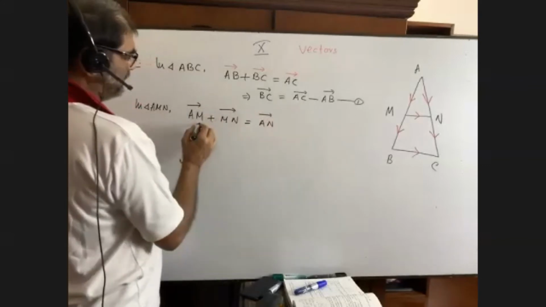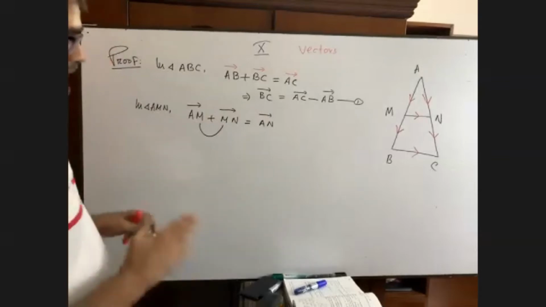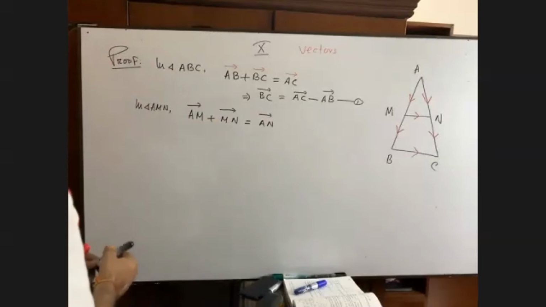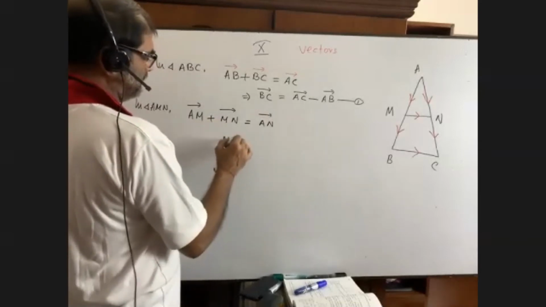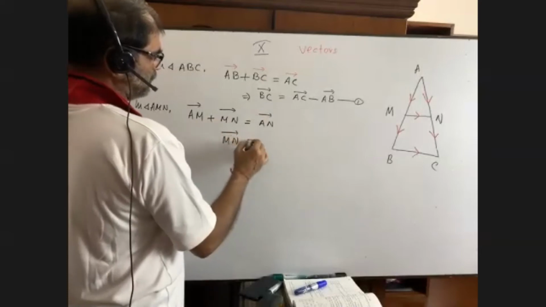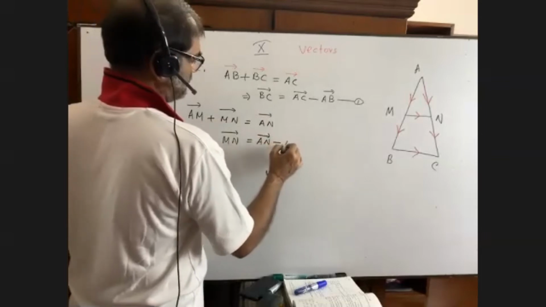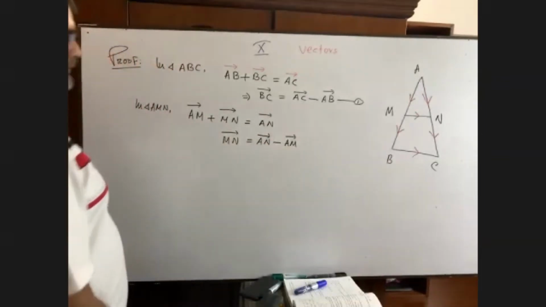You see, M will be omitted, so we'll be left with AN. Every time we are getting the same result. Now something is told in the proof regarding MN. So MN equals AN minus AM, right?